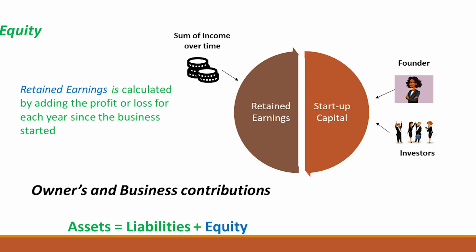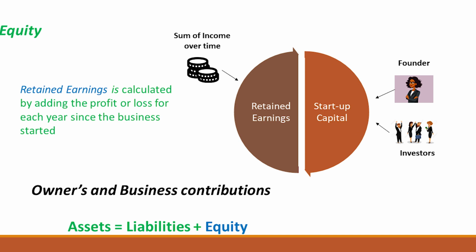Then the retained earnings reflects your history as a manager of your business. What the creditors and investors are looking for is that you're making appropriate management decisions that are essentially making sure that your business is profitable. And over time, we're going to add up those profits that you've earned each and every year. That sum total is considered your retained earnings.